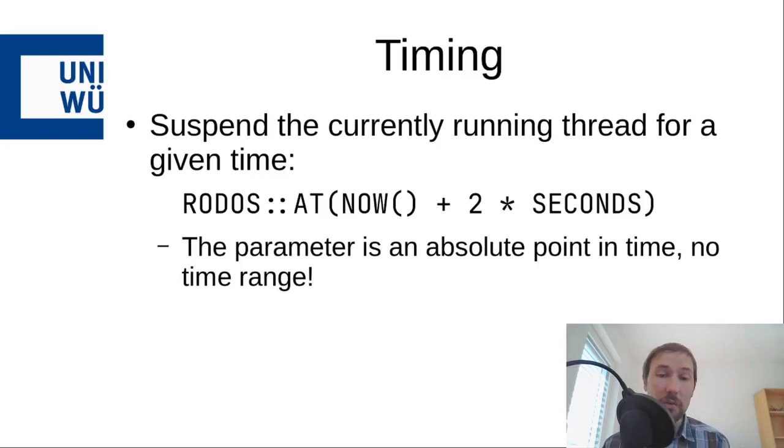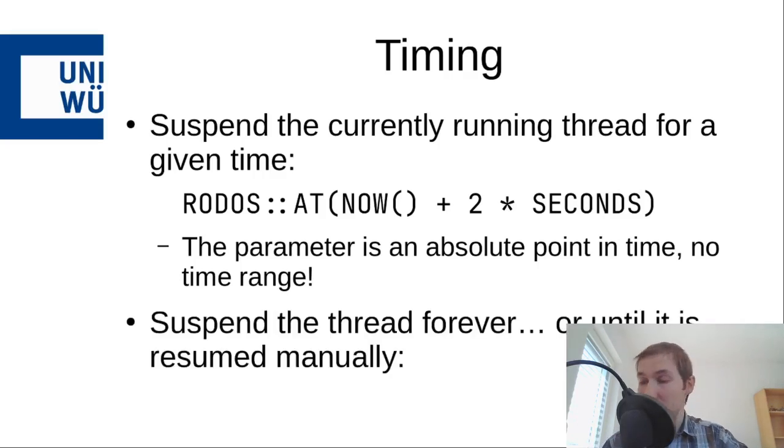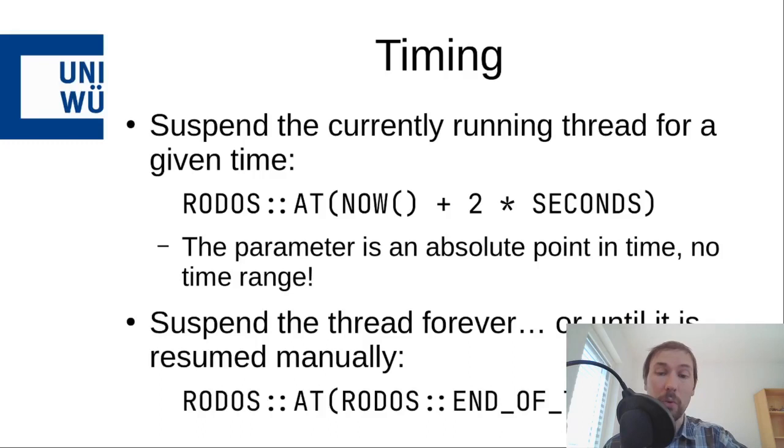You can also suspend the thread forever. So there is also this special value end of time, which means just forever. You might wonder, okay, if I sleep forever, why do I actually need it? There is a common pattern where you use that.